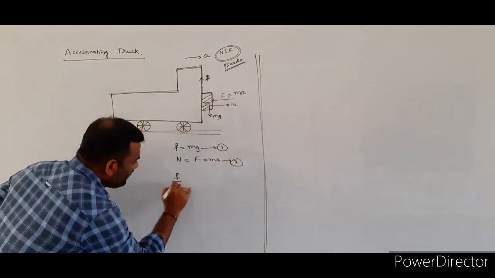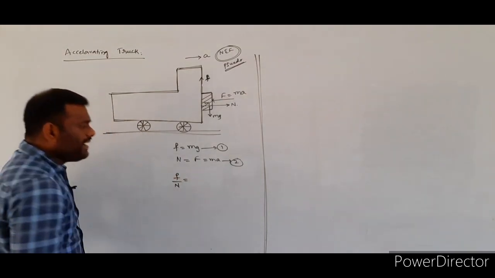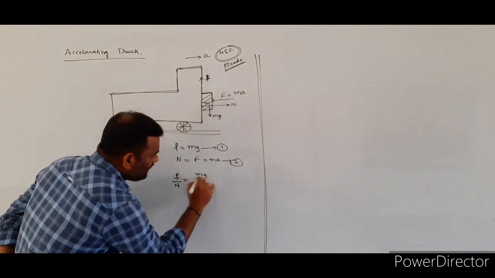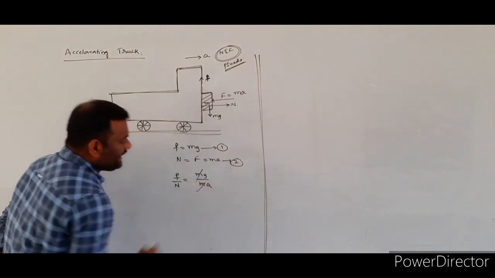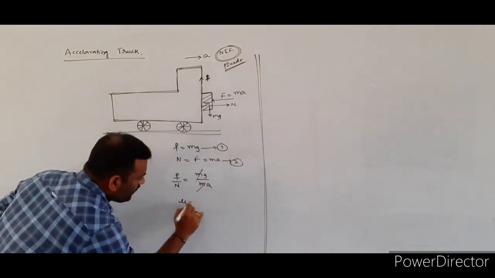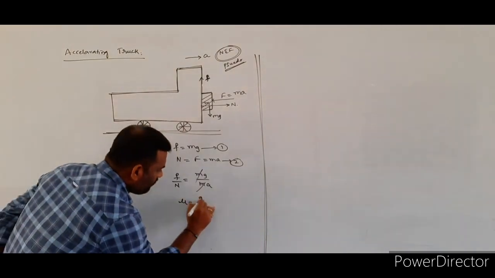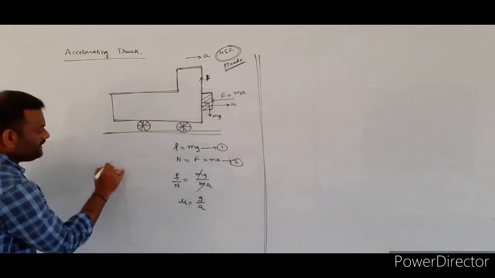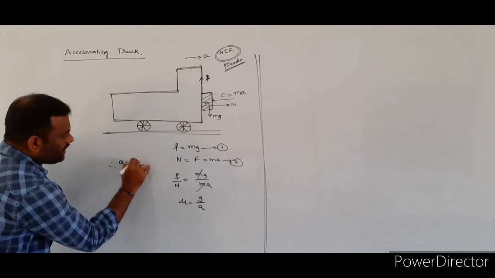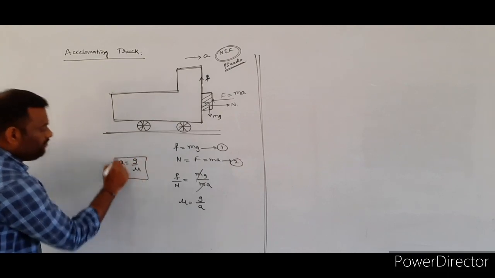Equation 1 by 2: F by N is equal to mg by ma, and m gets cancelled. F by N is nothing but the coefficient of friction. Therefore mu is equal to g by a, so the acceleration of the truck is equal to g by mu.